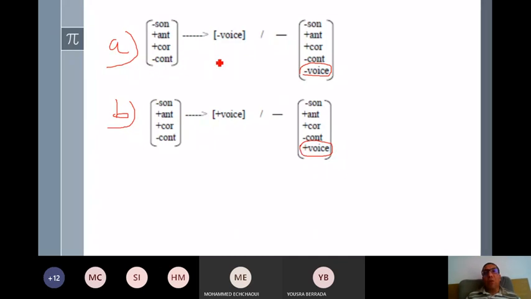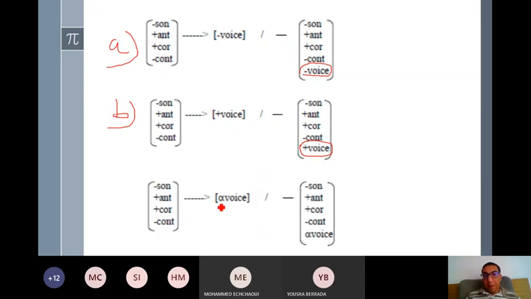So in order to capture the relatedness of these two rules, we can coalesce them by using the alpha notation, alpha. What does alpha mean? It stands for plus, plus, minus, minus.